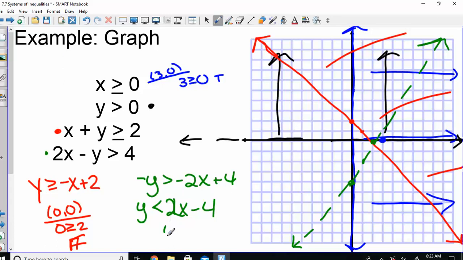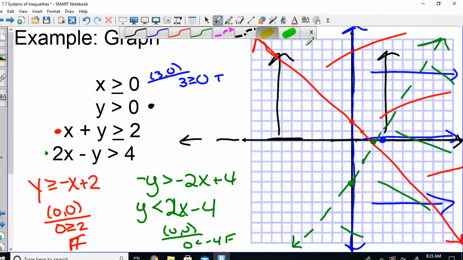If you put in 0, 0, you get 0 is less than -4, which is false, so 0, 0 doesn't work, so we're shading this side. So the overlap, we already knew we were only in the first quadrant. And it's this little region right here.